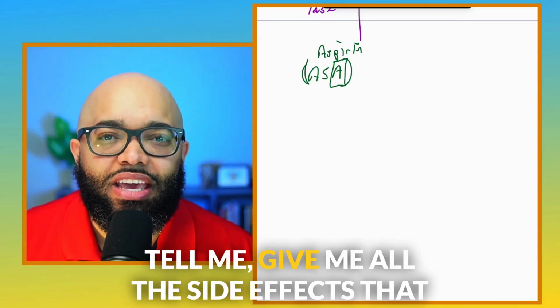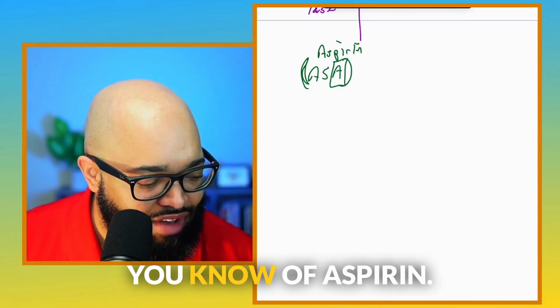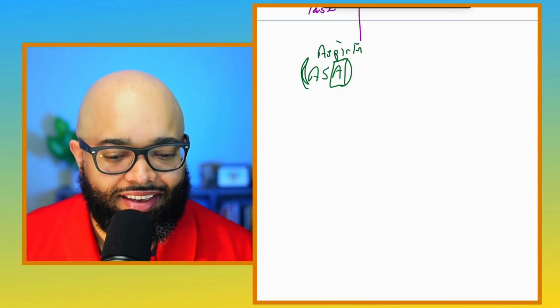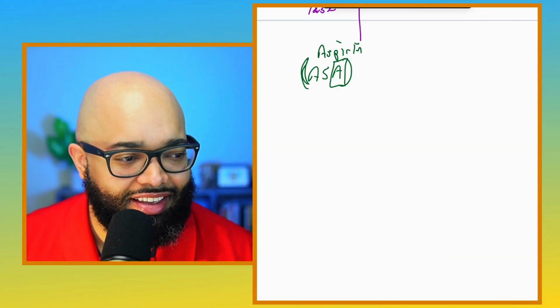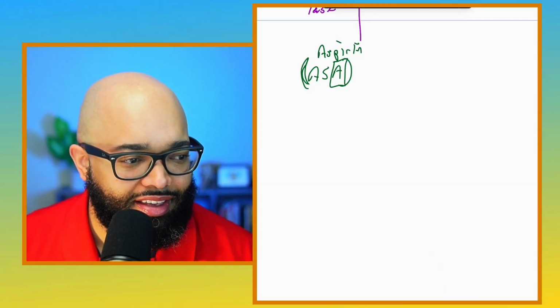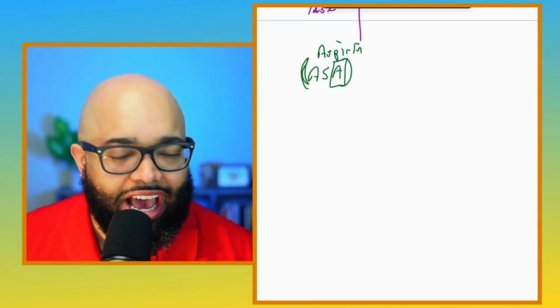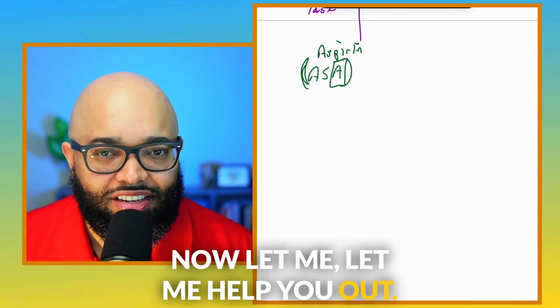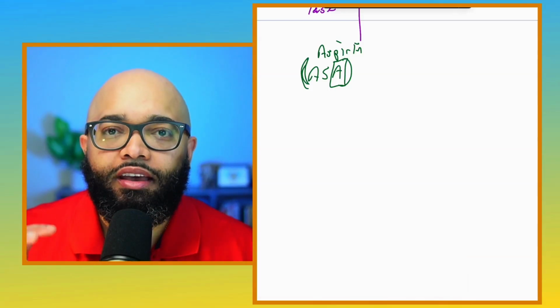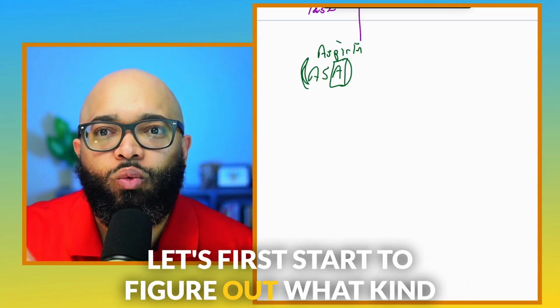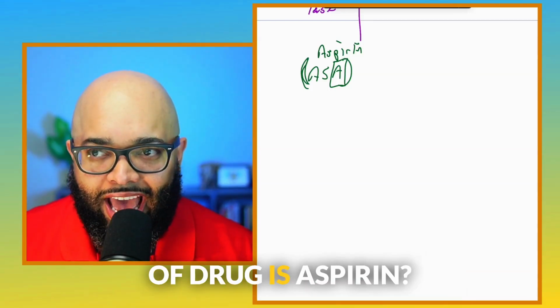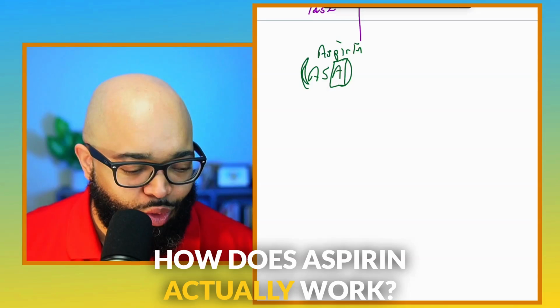Tell me, give me all the side effects that you know of aspirin. Now, let me help you out. I did that on purpose. Let's first start to figure out what kind of drug aspirin is. How does aspirin actually work?